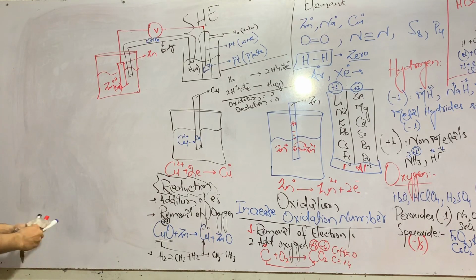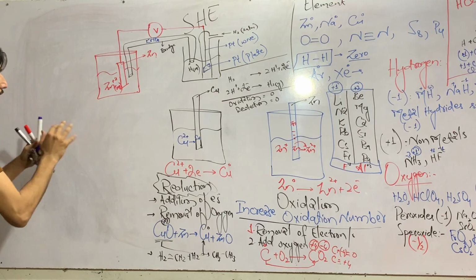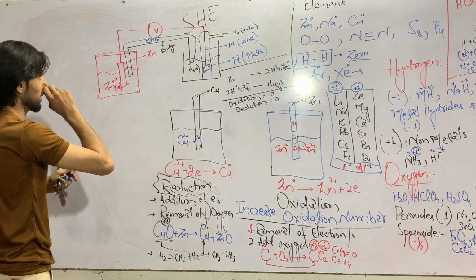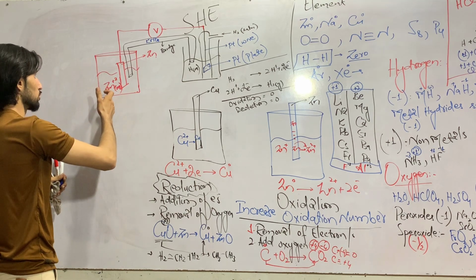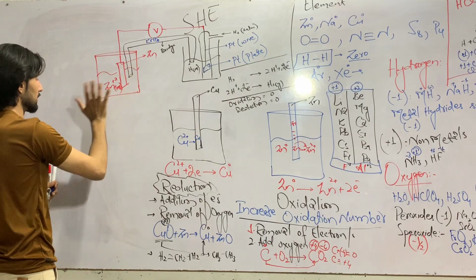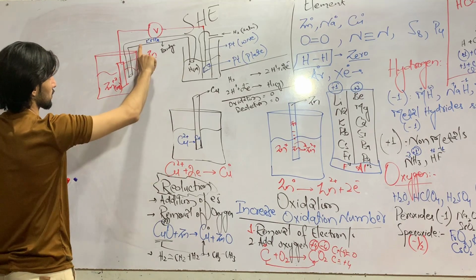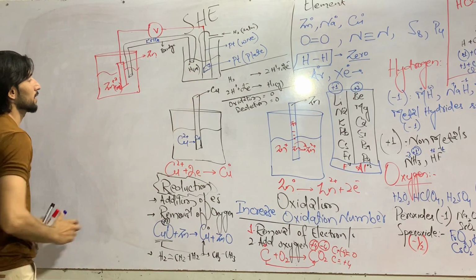We will talk about what it does. It balances the ions in both the cases. Here I will see the increase in Zn2+, so NO3- will come over here to balance the charge. Here I will see the decrease in H+, so K+ will come to replace it as a positive ion.